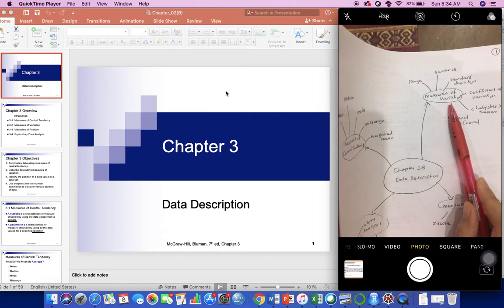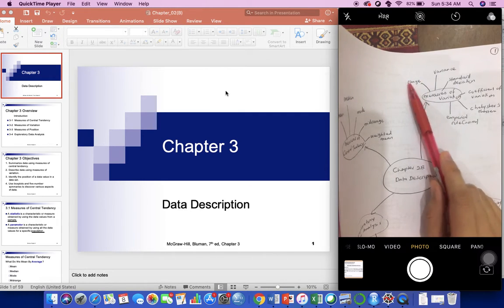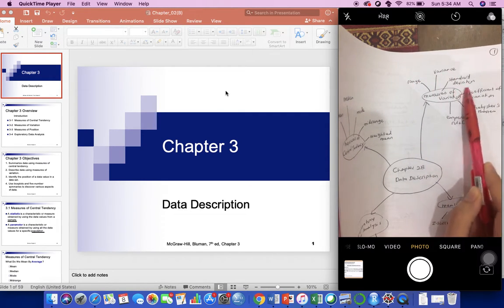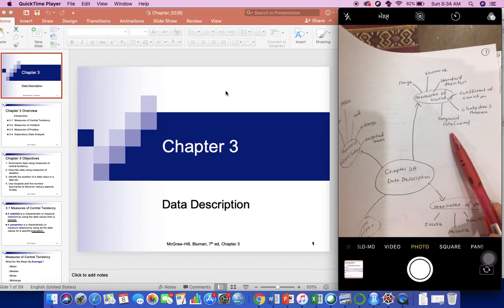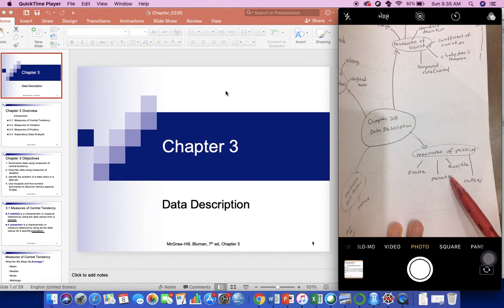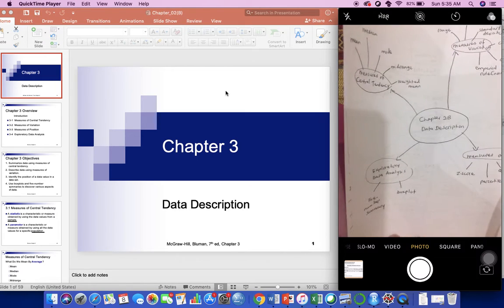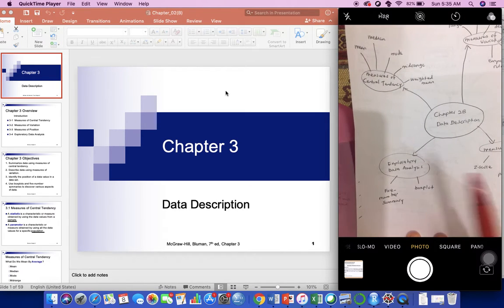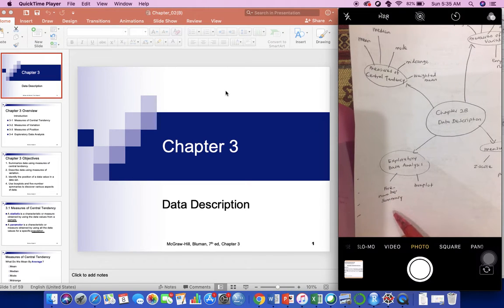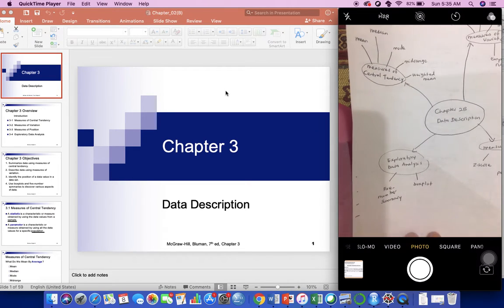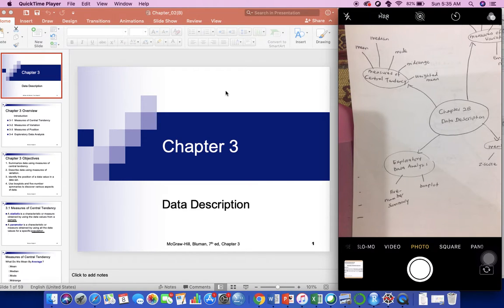In this subtopic, we'll cover range, variance, standard deviation, coefficient of variation, Chebyshev's theorem, empirical rule. We have z-score, percentile, quartile, outlier. And the last one is exploratory data analysis, 5-number summary, and box plot. Okay, let's take a look at your slides.